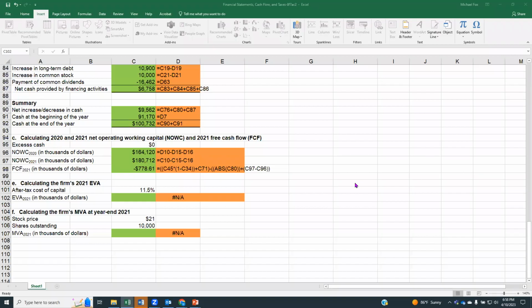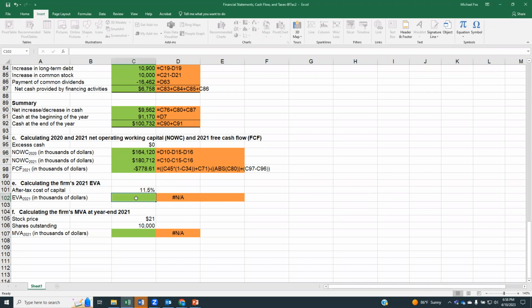So EVA is our earnings before interest and tax times 1 minus T. So the same thing we started up with here. Okay. Minus our total invested capital times the cost of our invested capital.